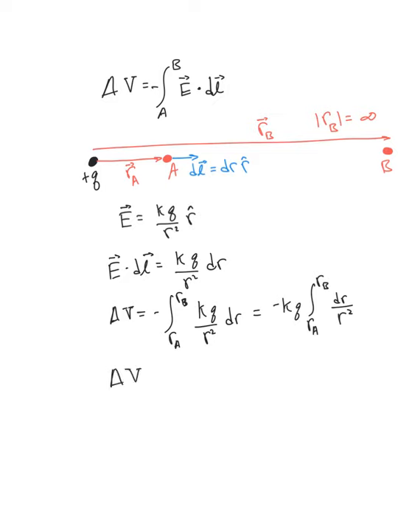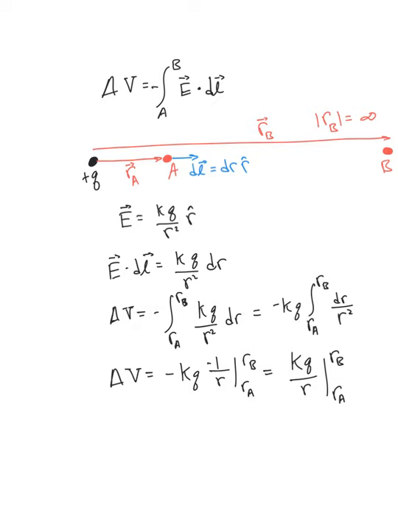And this then becomes negative kq times negative 1 over r from r_A to r_B. And we can now cancel out the negatives and write this as kq over r evaluated from r_A to r_B.